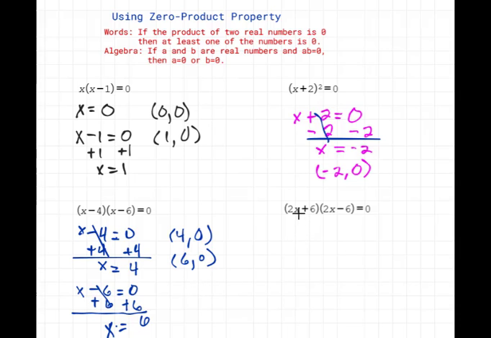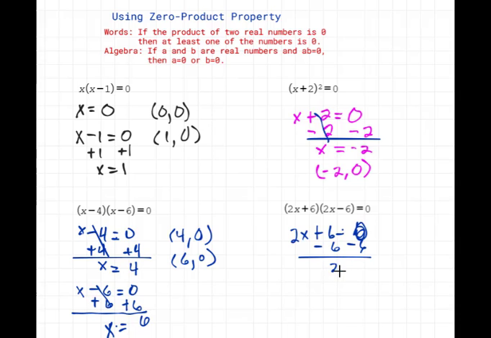The last example, we have 2x plus 6, 2x minus 6 equals 0. So 2x plus 6 is equal to 0. First thing I'm going to do is subtract 6.